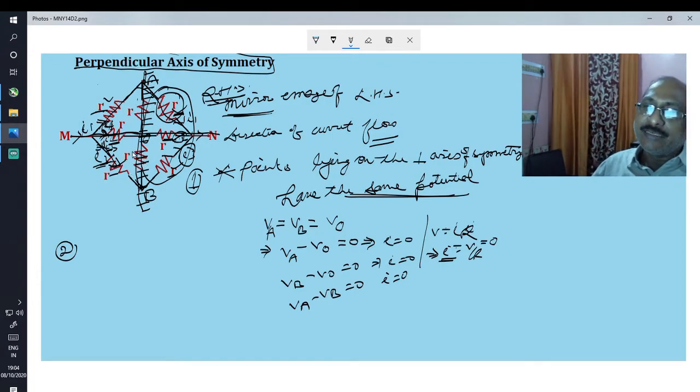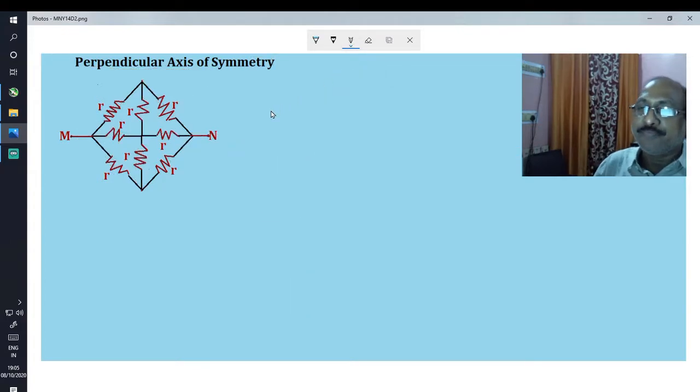We find this circuit converted into this form.